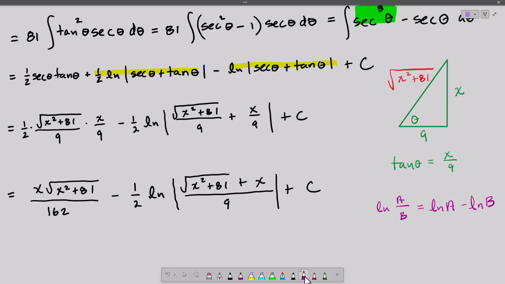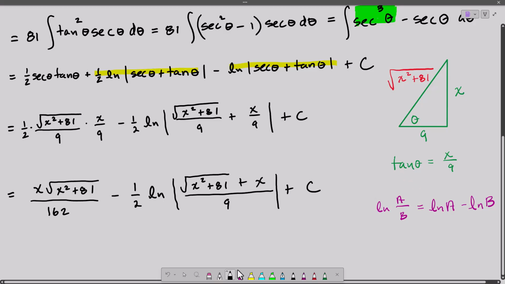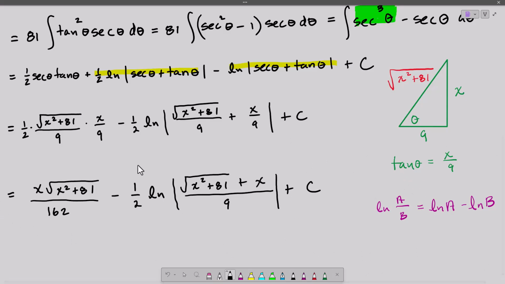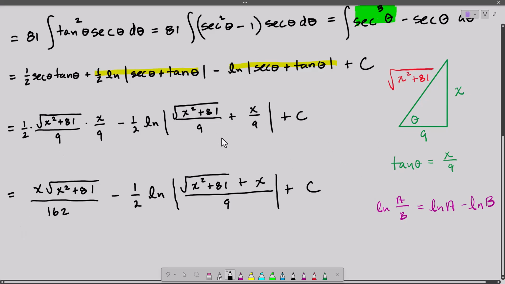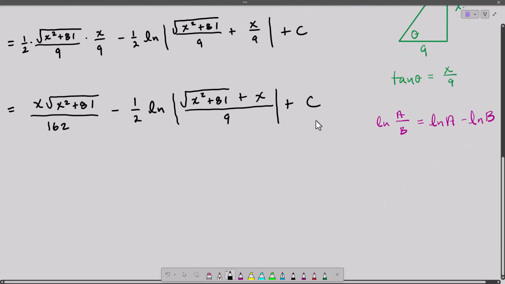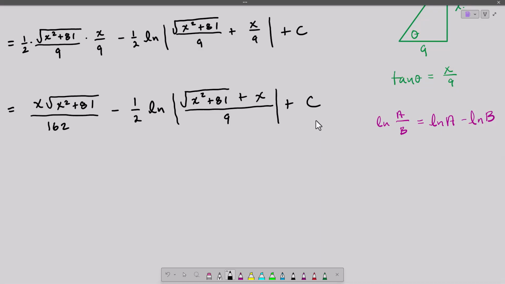Well, when you do that, the natural log of 9 is a constant. And when we are dealing with integration and we are combining constants, we use the c to represent combinations of constants. So if we have a constant and then we add another constant to it, we're just going to continue to use the c. It's kind of like a recycle bin.